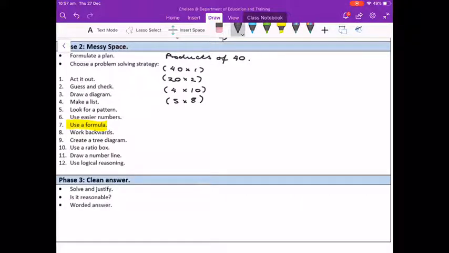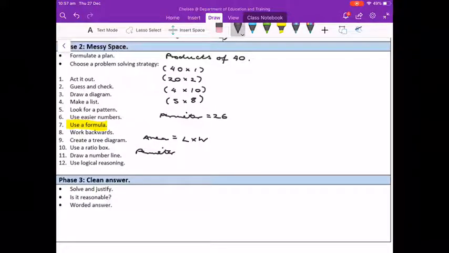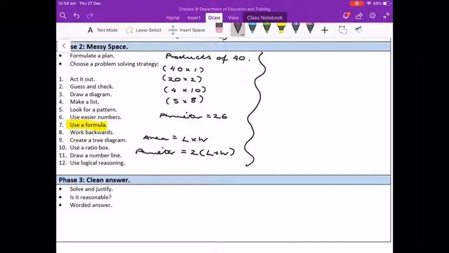I know that the perimeter has got to equal 26. Now the area of a rectangle is length times width, and the perimeter is 2 times the length plus width. So I'm going to display this information over here on the right hand side.